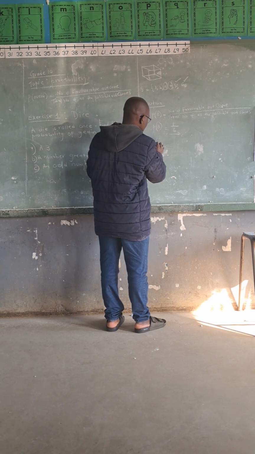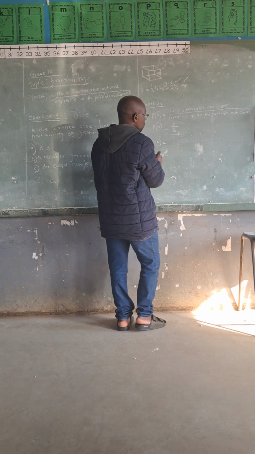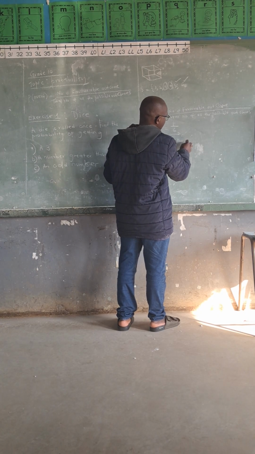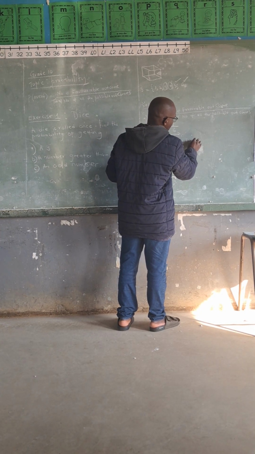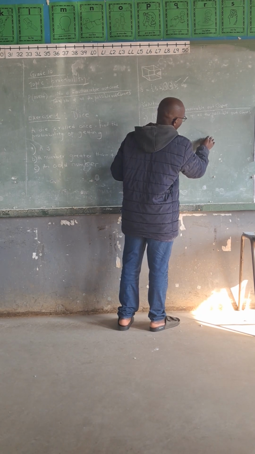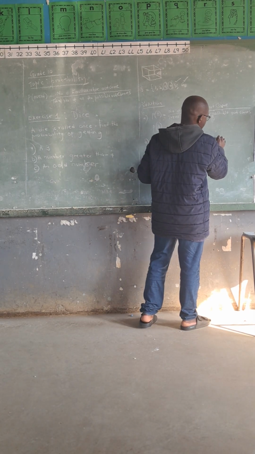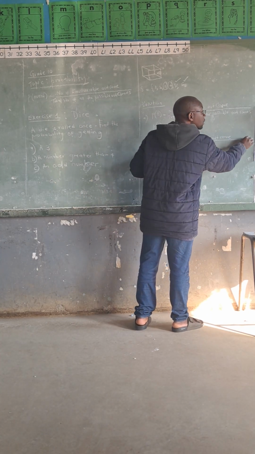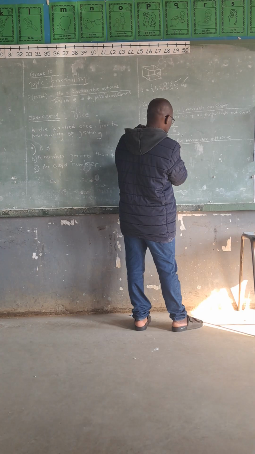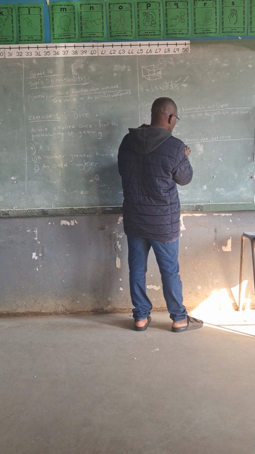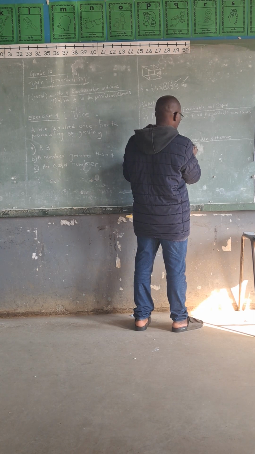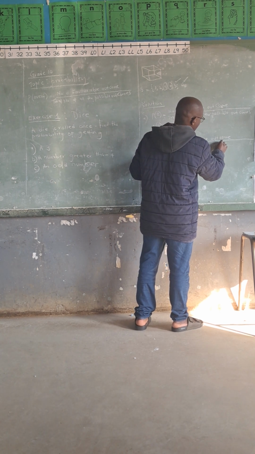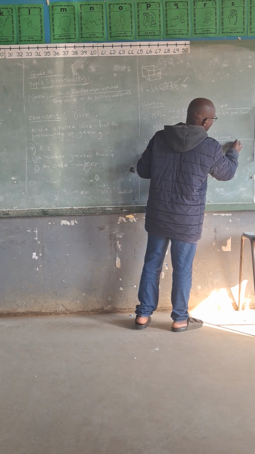So the probability of an event is equal to the number of the favorable outcomes, then divided by the total number of all the possible outcomes.